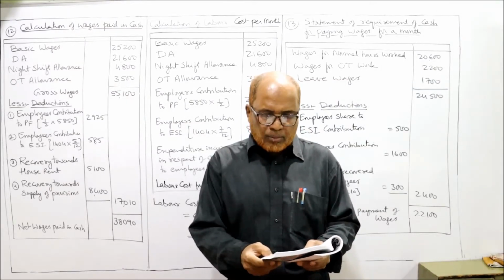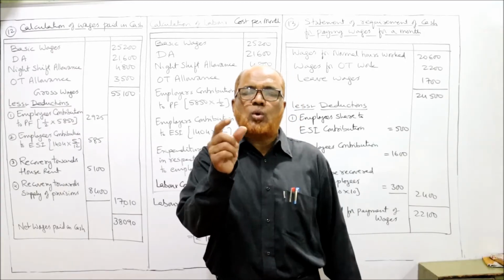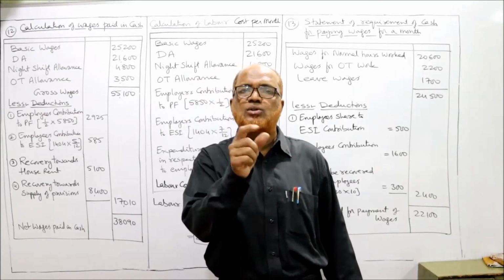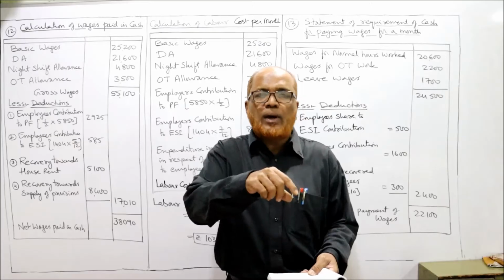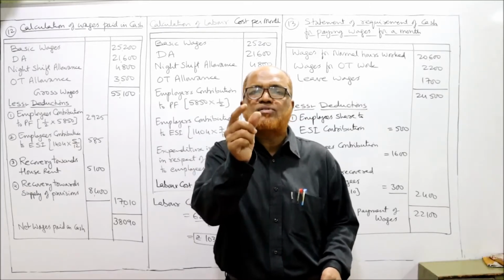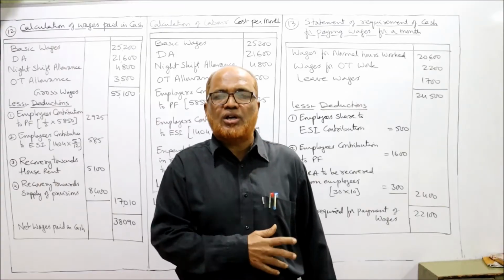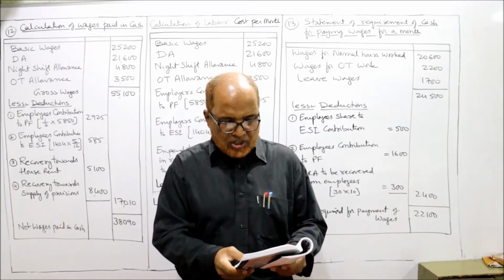The ratio of contribution by employer and employee in ESI is 7:5. The total amount deposited with ESI is 1,404. The contribution of employer and employee is in the ratio of 7:5. 7/12 is the employer's share and 5/12 is the employee's share.